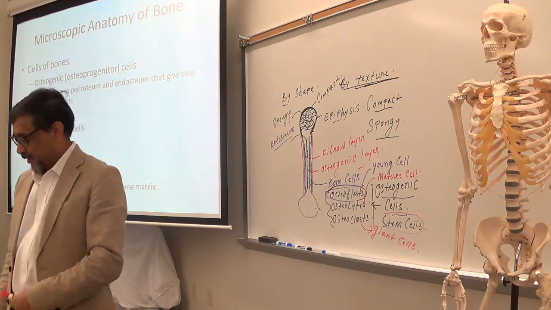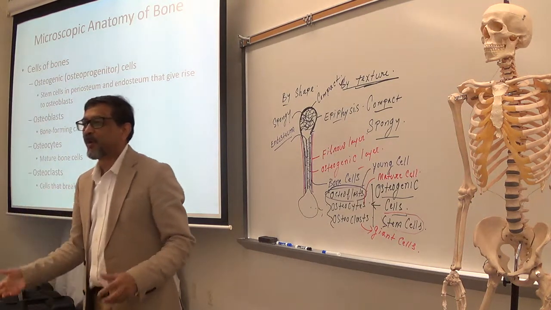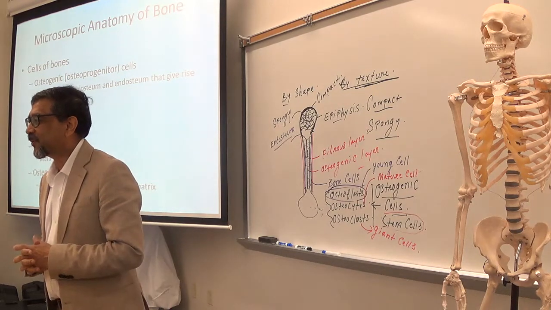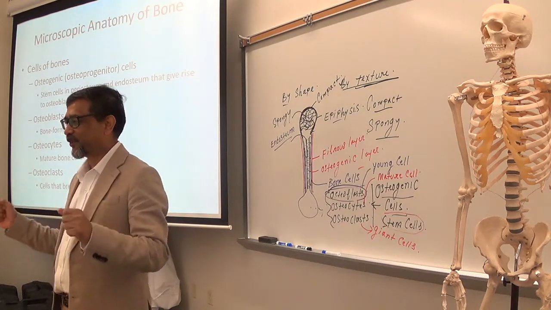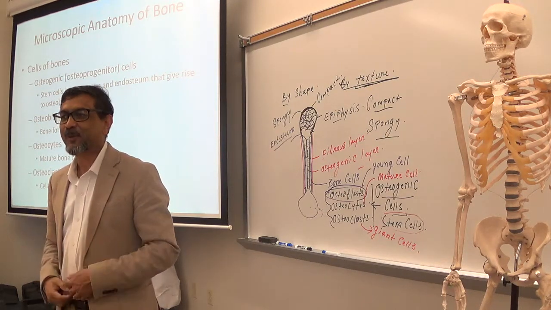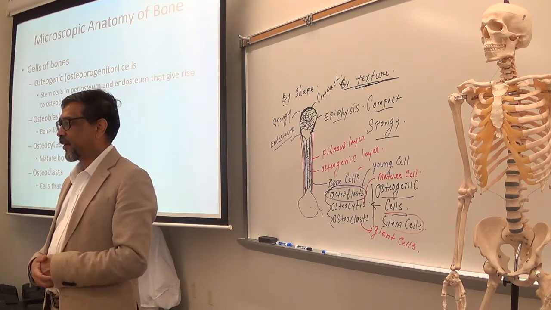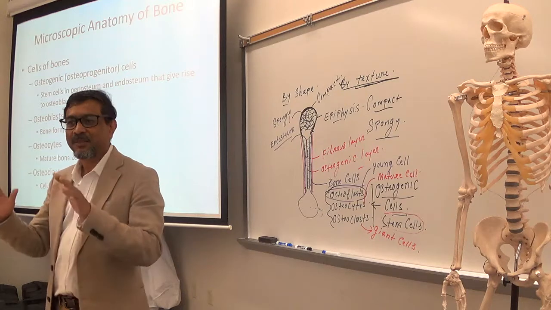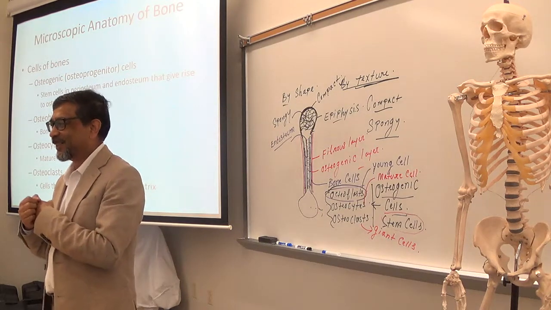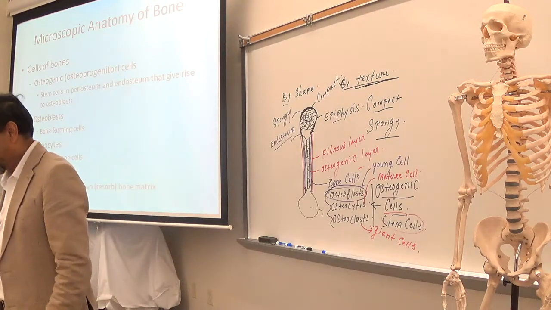Okay. Now you tell me, who are more active? Osteoblasts or osteocytes? What do you think? Like young people are more active or old people are more active? Young people. Yeah, right? So osteoblasts are more active. Osteocytes are much less active. They just sit quiet, okay? Don't do much activity. You know, old people sit inside the house, don't do much. Okay.